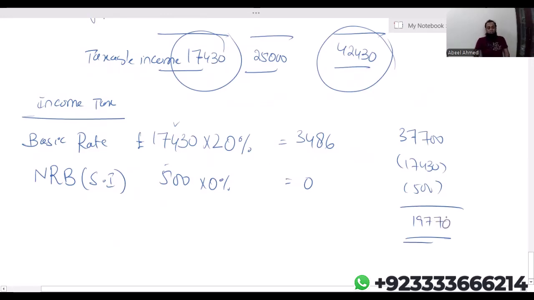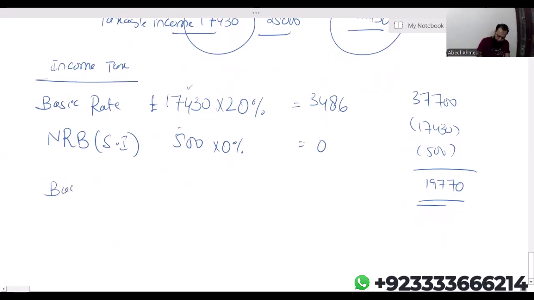So still in the basic rate band, the unused limit is 19,770. Now, obviously, which income is going to utilize this unused basic rate band? Saving income. Because non-saving income we have already taxed.